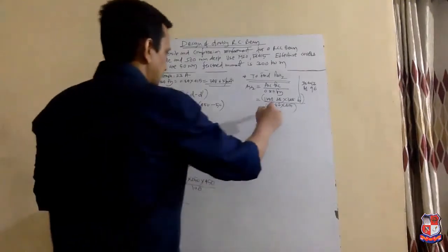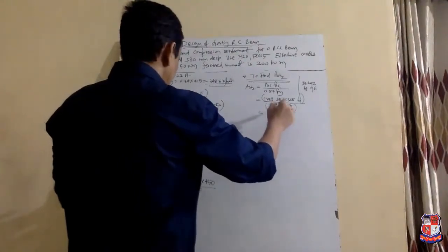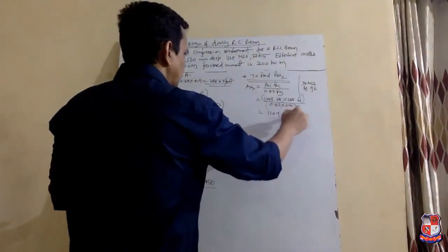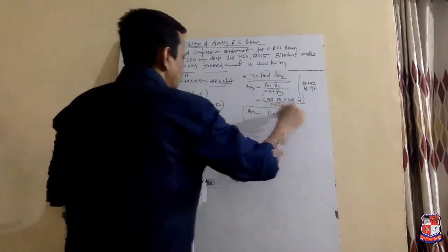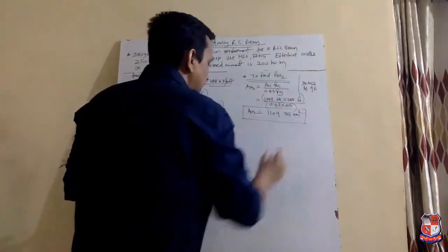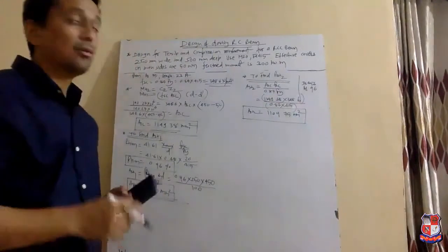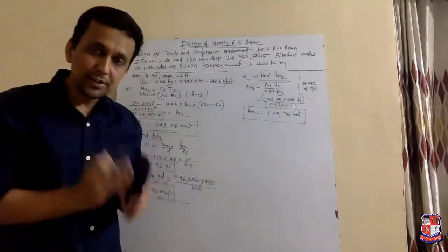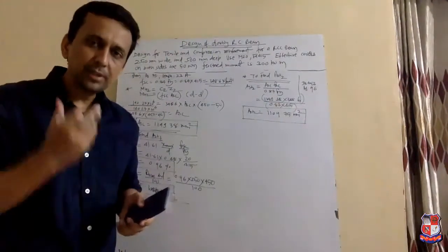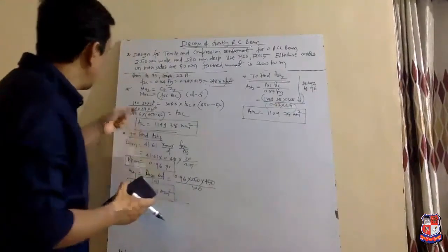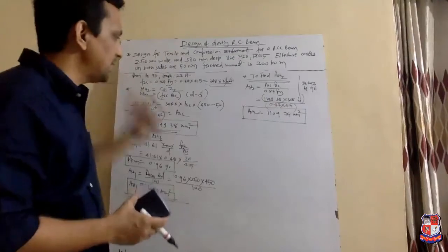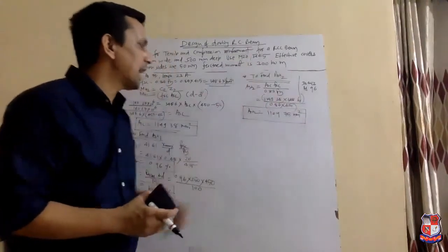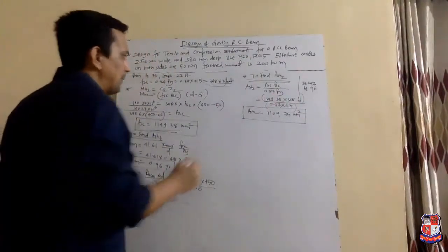So we get 1109.75 mm square. So the area required for tensile reinforcement in tension zone to resist that additional moment 160.27 is 1109.75 mm square.